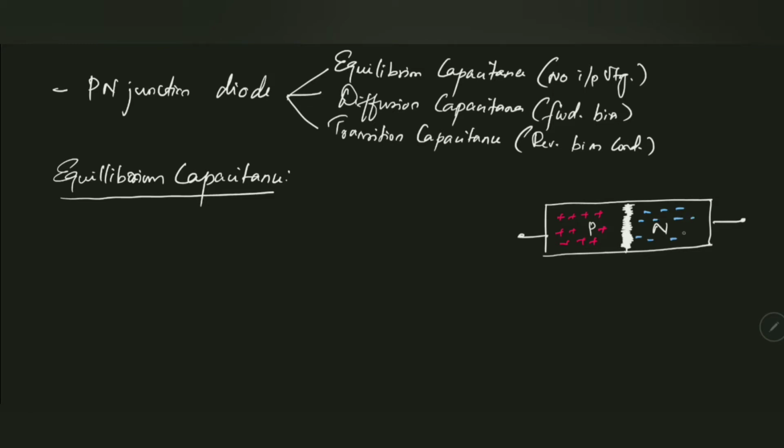Let me take the charges as q minus and q plus. The free holes can accept electrons, so this is an acceptor region, and the n type has too many electrons which can be donated, so this is a donating region.